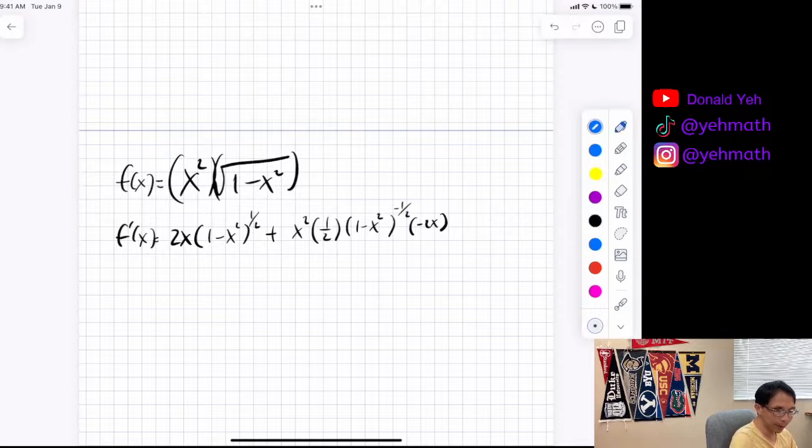So let's just talk about how to factor something like x to the 4 minus x squared. If you factor this, you subtract in the power. So if you factor out x squared, that is going to be x squared, you subtract by 2, which is 0, and anything to the 0 power is 1. Now, the thing is that you never learn in Algebra 2 how to factor this, x to the negative 4 power.